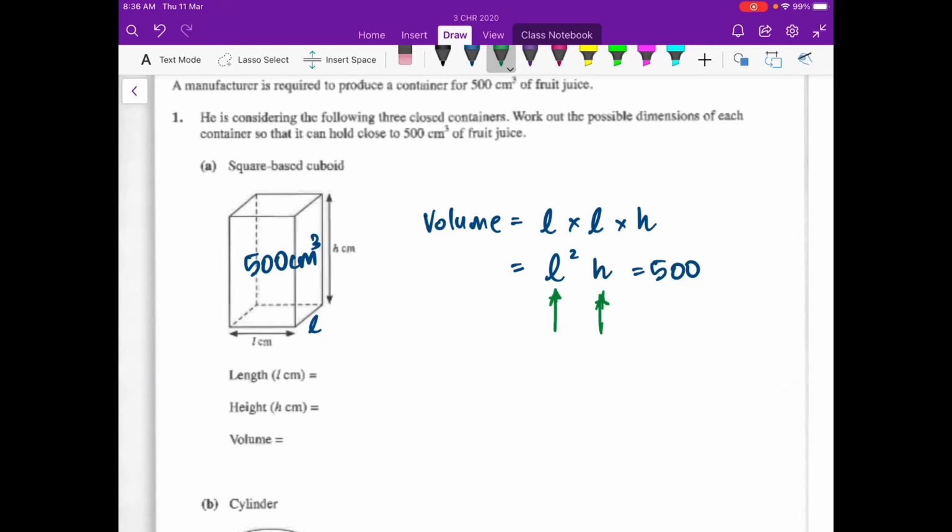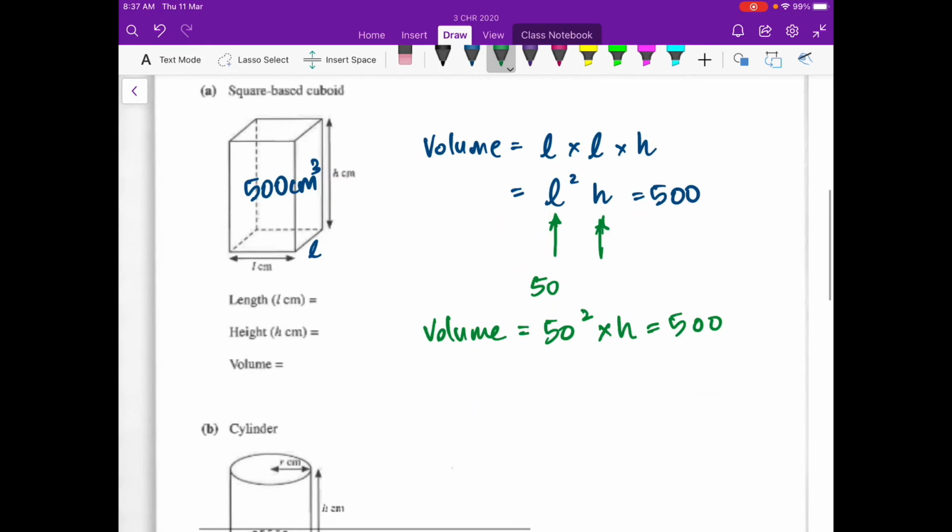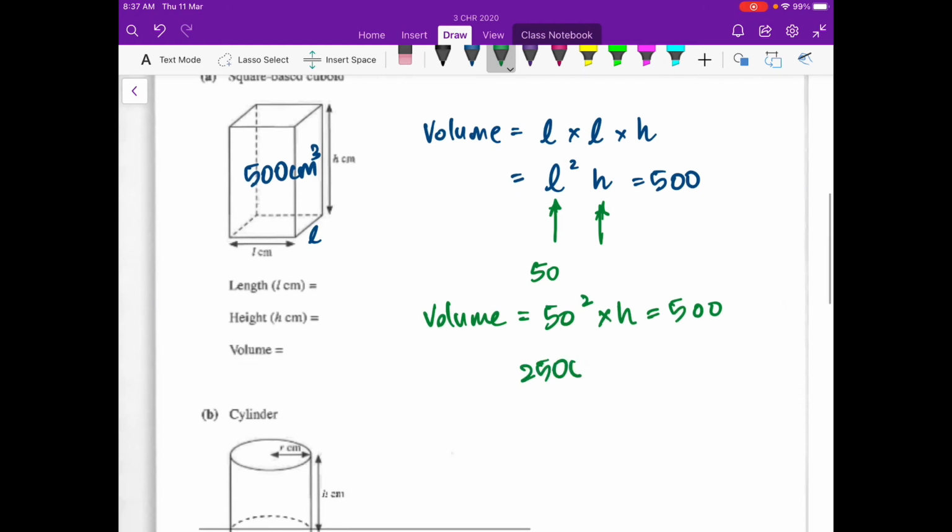If we choose 50 to be the length, then the volume will be 50 squared times H, which is supposed to be 500. So 50 squared has a value of 2500 times H equals 500.